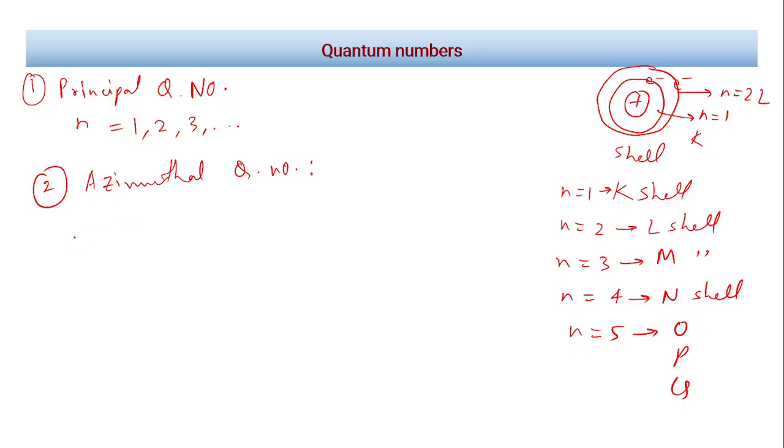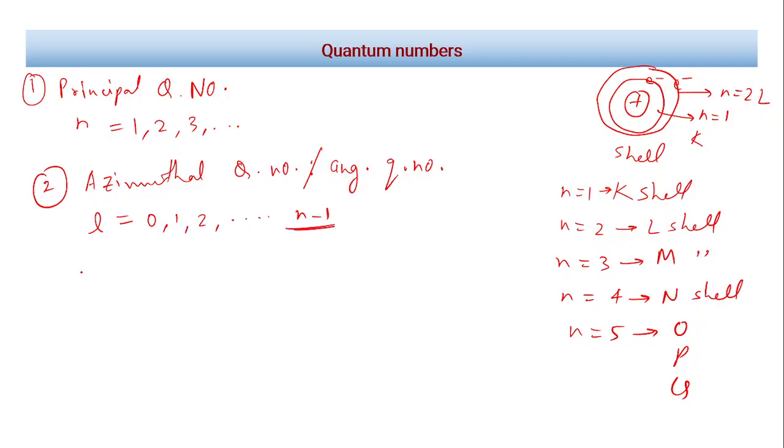A quick revision is always good. This is usually represented by the small alphabet l, and the azimuthal quantum number, we also call it the angular quantum number. Now this l has values 0, 1, 2, and so on up to n minus 1.